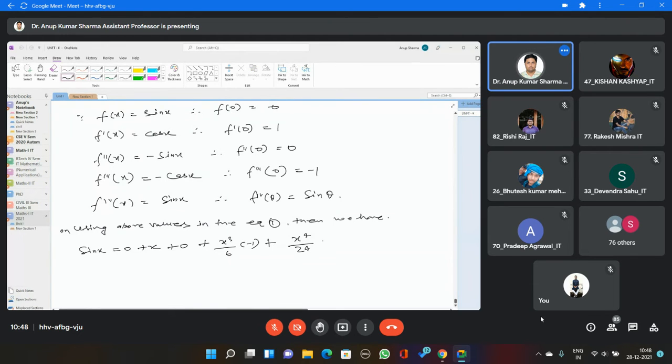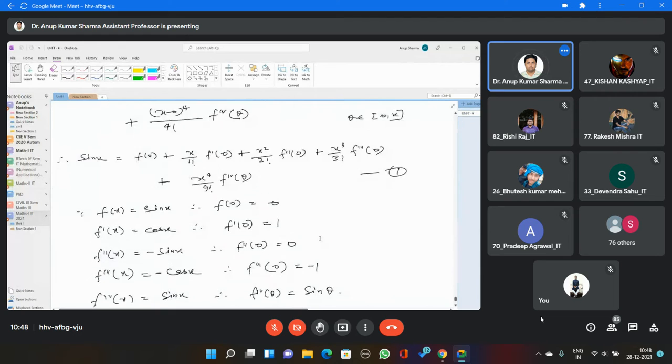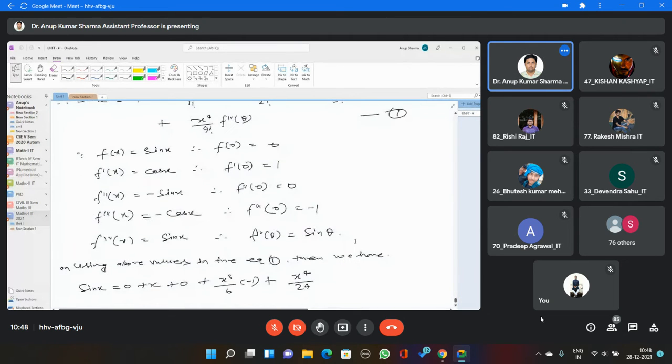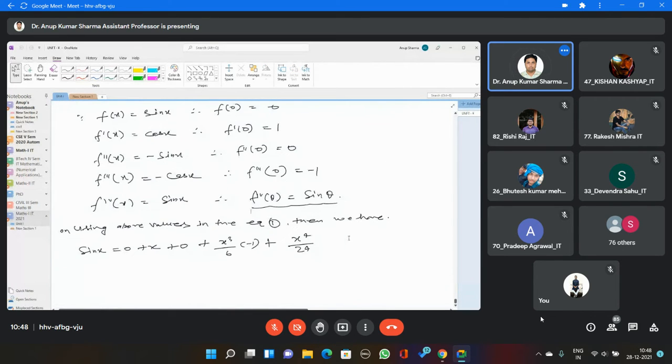And this value is what I've written as cos. Here we use sin theta.